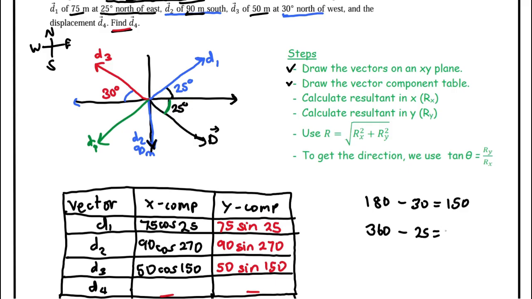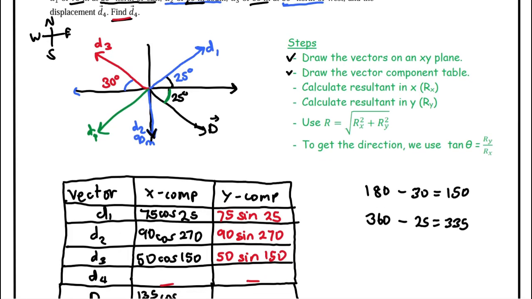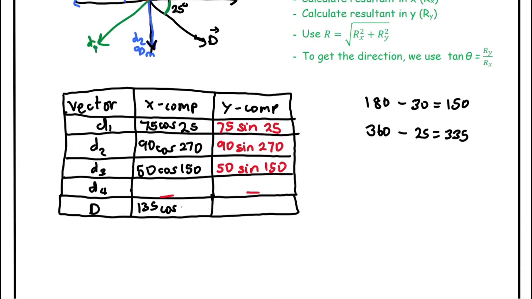This gives us 335. So this is 135 cos 335, and this is 135 sin 335.